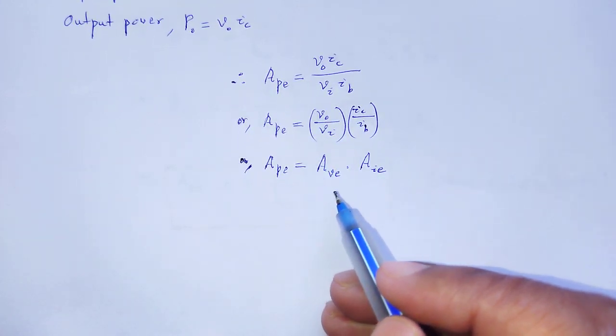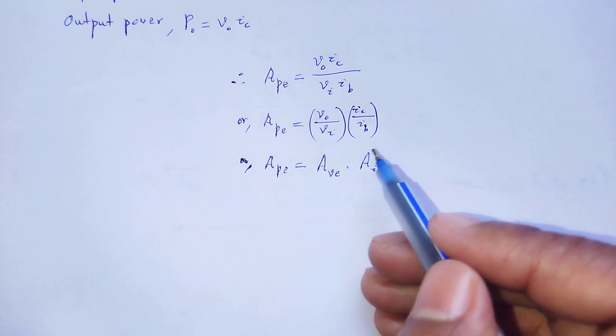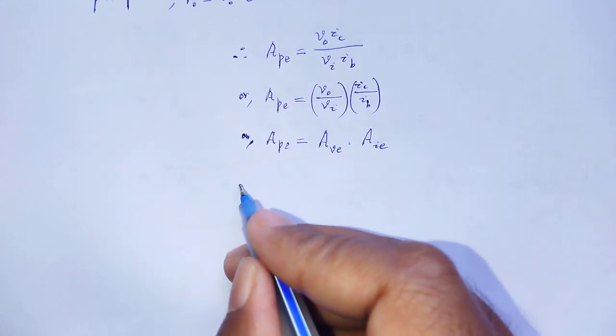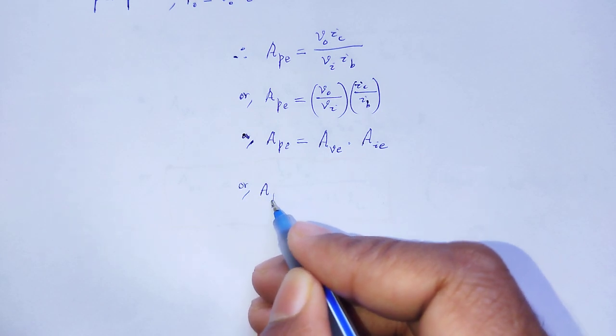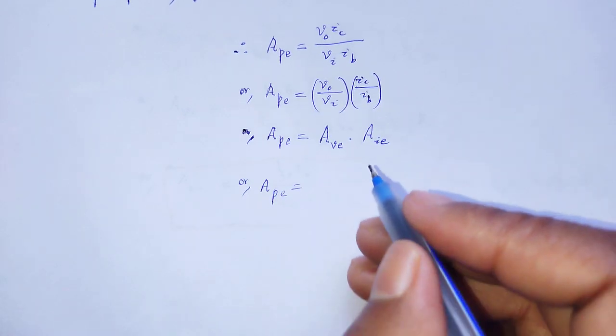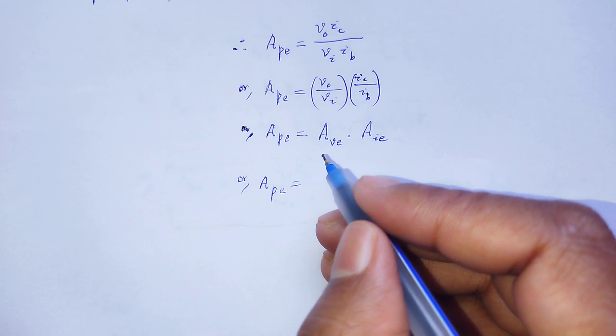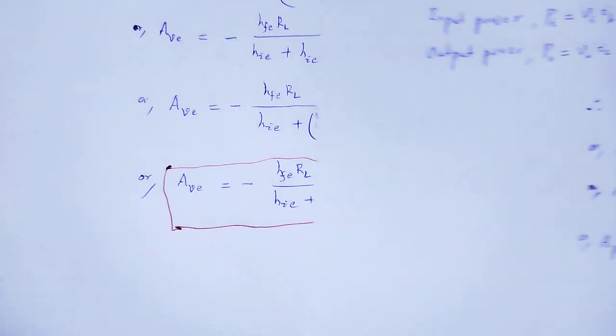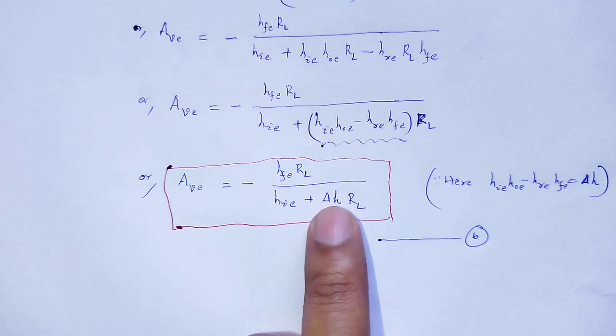Now, the values of voltage gain and current gain are put here.